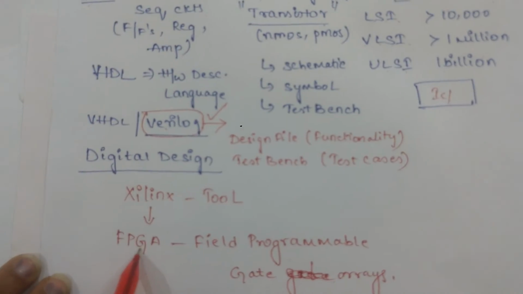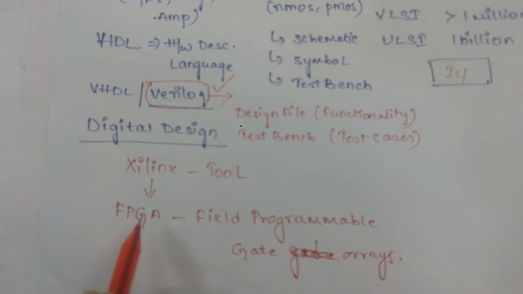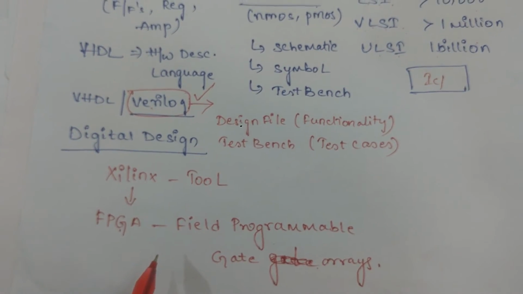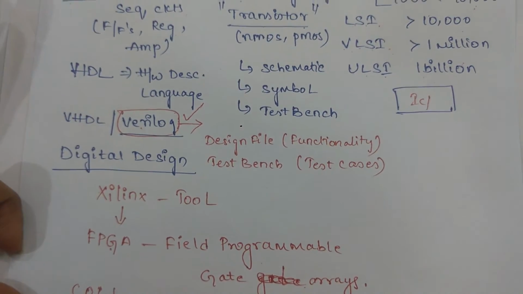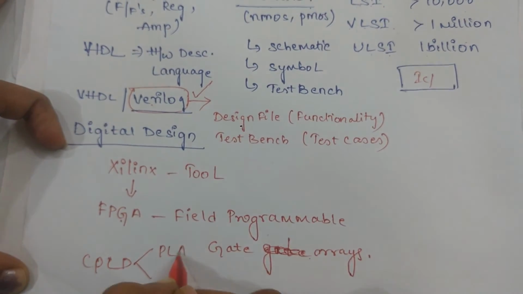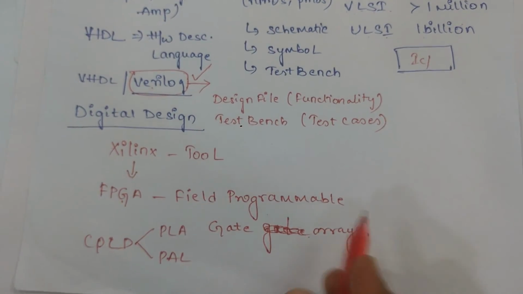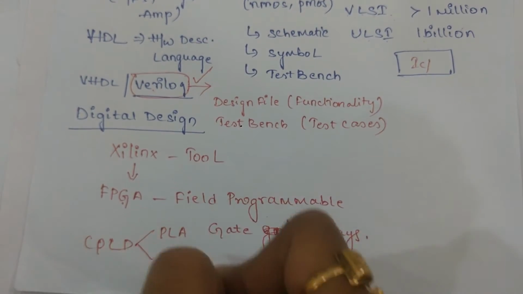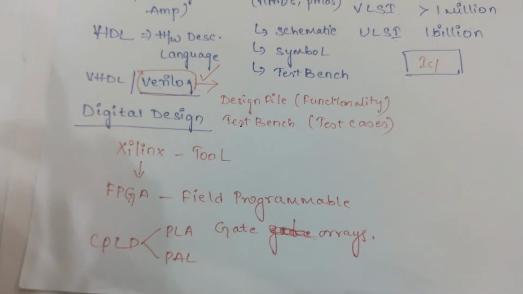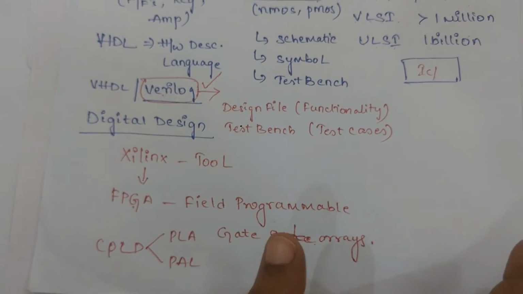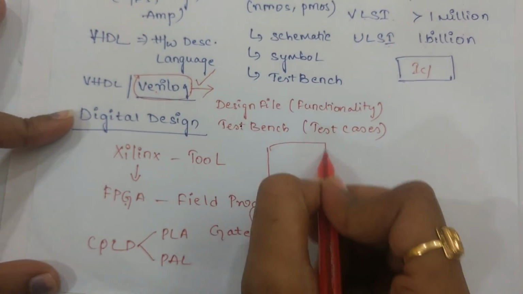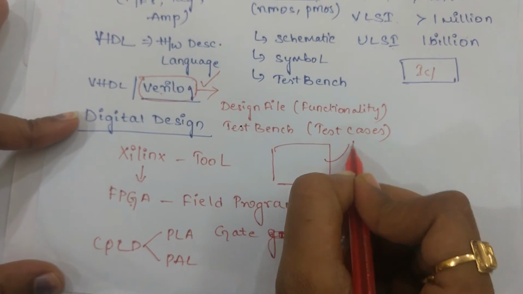Field programmable gate arrays consist of CPLD devices. CPLD stands for complex programmable logic devices. They consist of PLAs, PALs and everything. With these circuits you will have Ethernet cables, clocks, global clocks, different types of cables, all on a single FPGA board connected to your CPU.